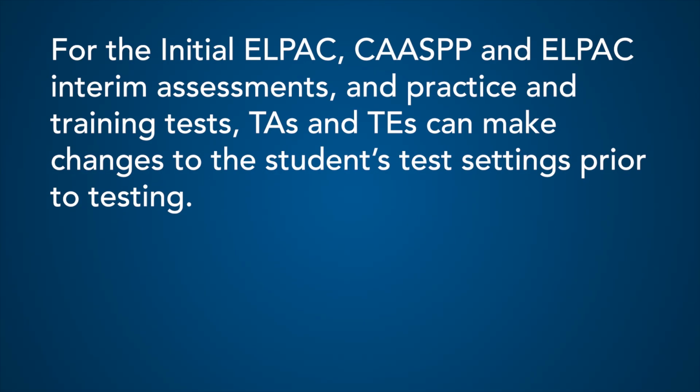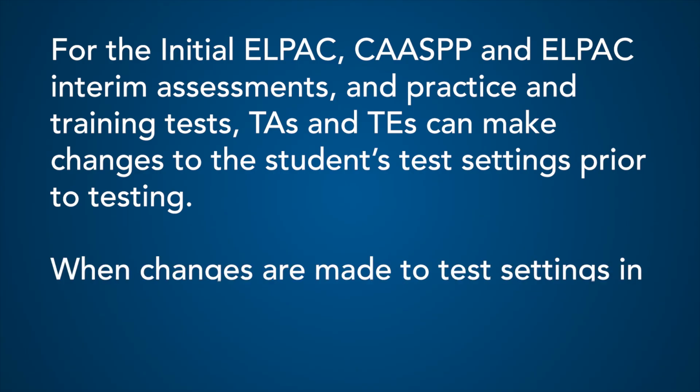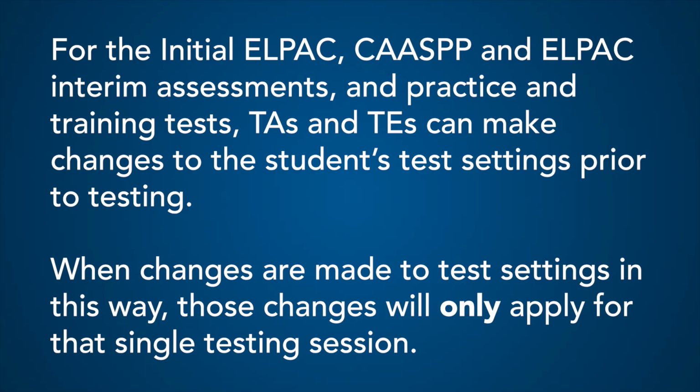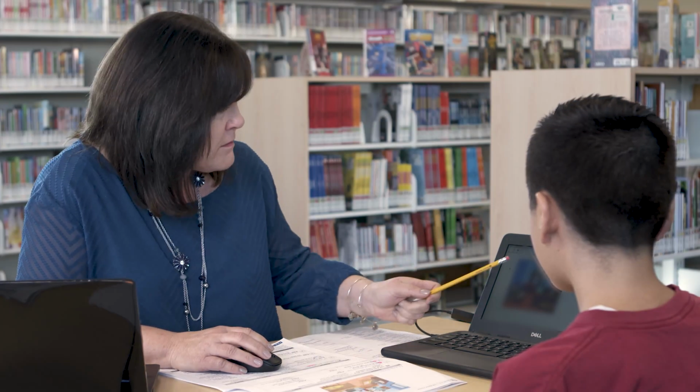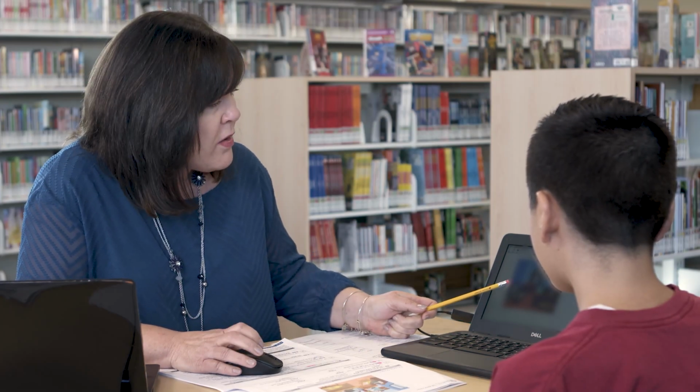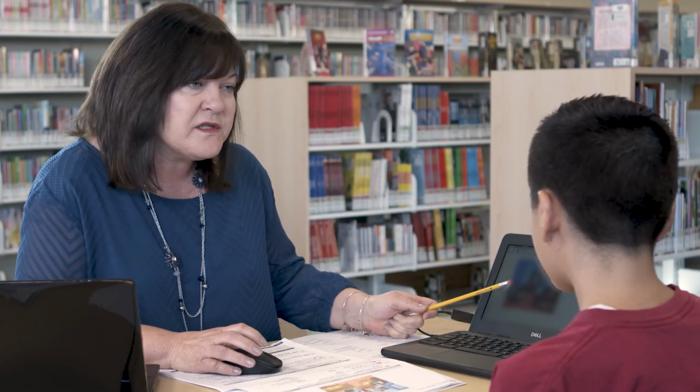For the initial ELPAC, CAASPP and ELPAC interim assessments, and practice and training tests, TAs and TEs can make changes to the student's test settings prior to testing. When changes are made to the test settings in this way, those changes will only apply for that single testing session. For the initial ELPAC, only designated supports can be assigned through the TA interface.